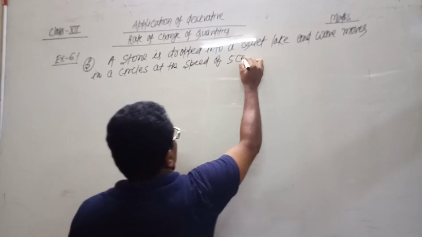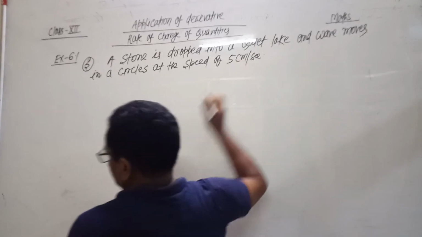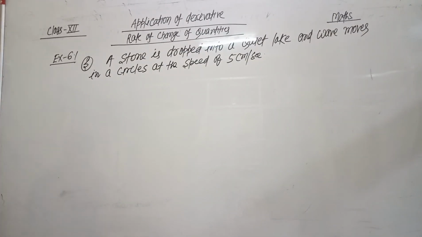Waves move in a circle at the speed of 5 centimeter per second.